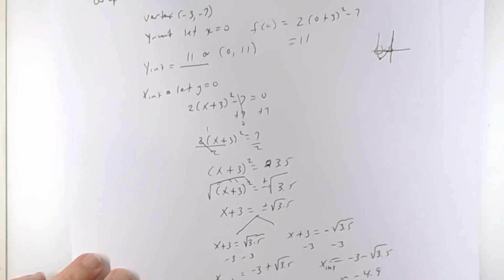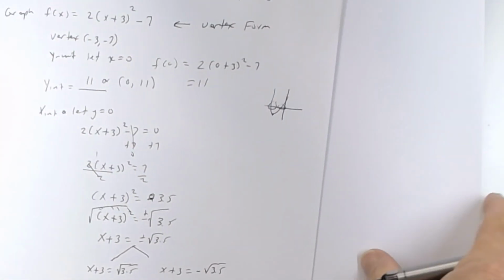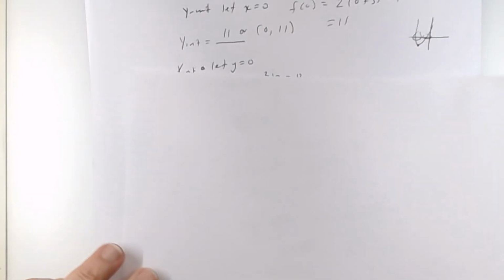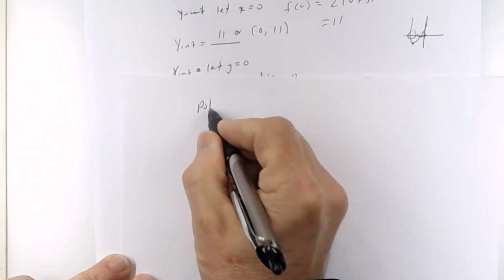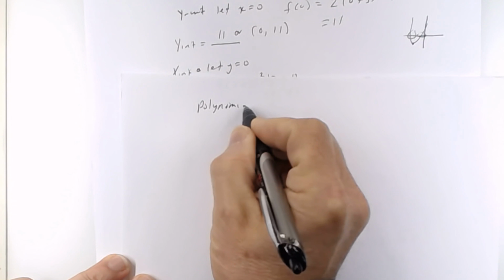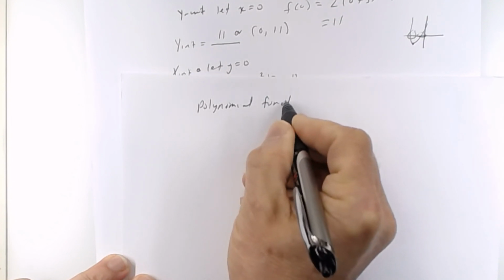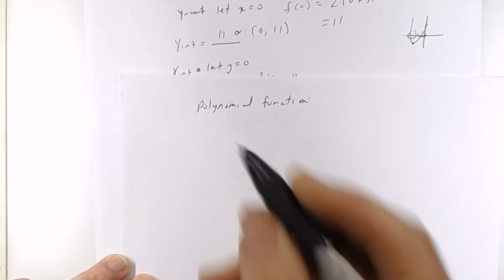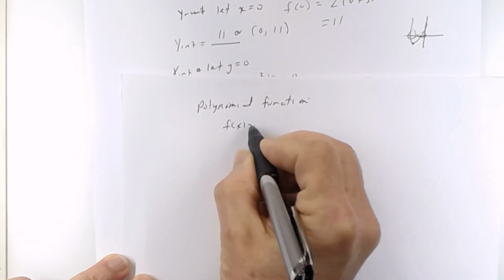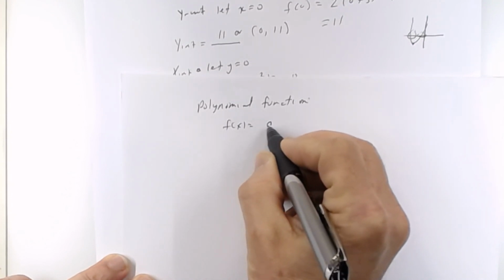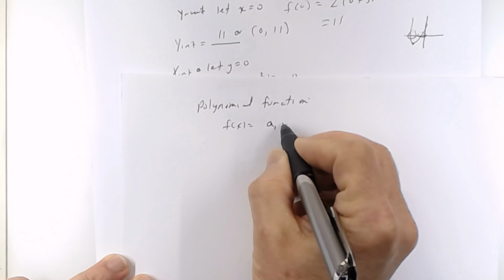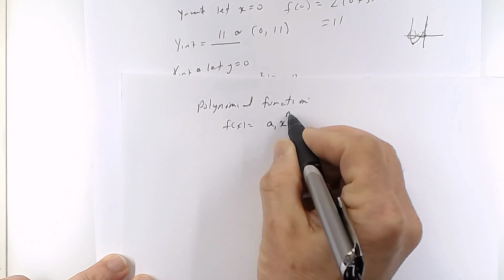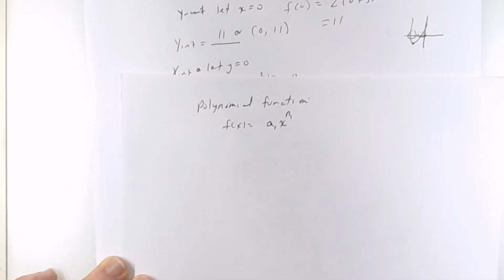Now remember, we talked about a polynomial function. A polynomial function has this form. So it's some coefficient, I'm going to call it A1, times x raised to a power. I'm going to call that N1. And that exponent has to be a whole number.